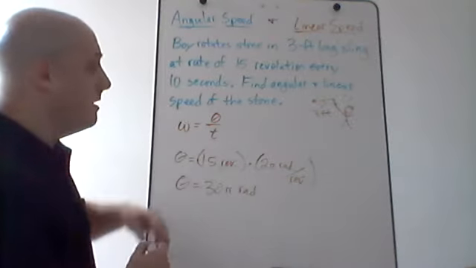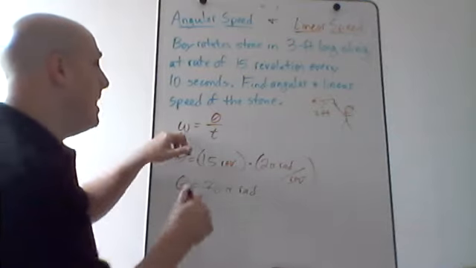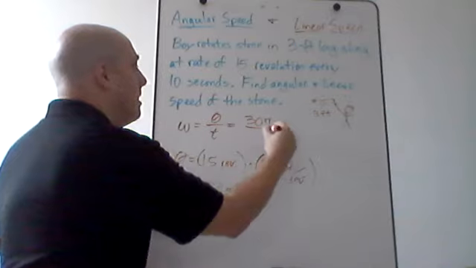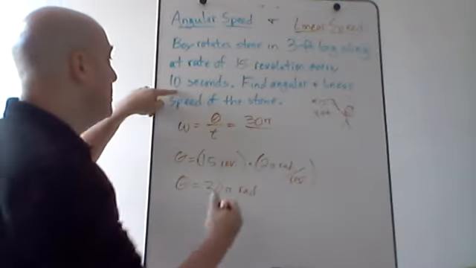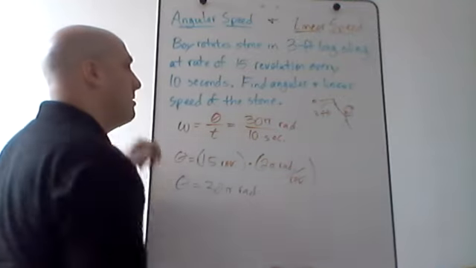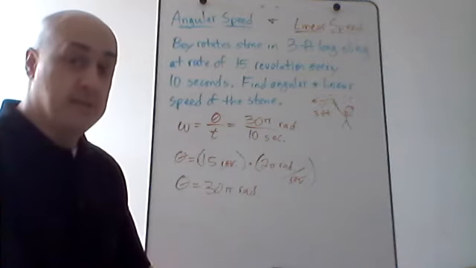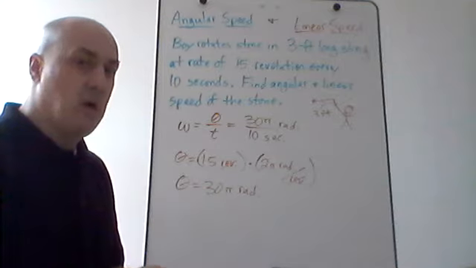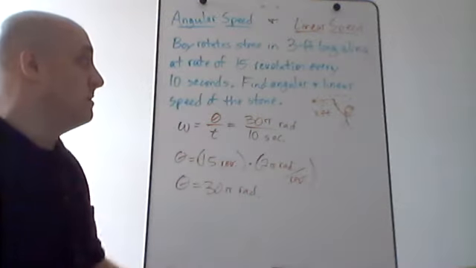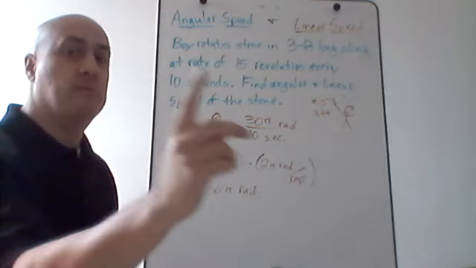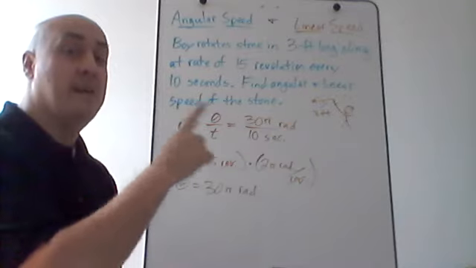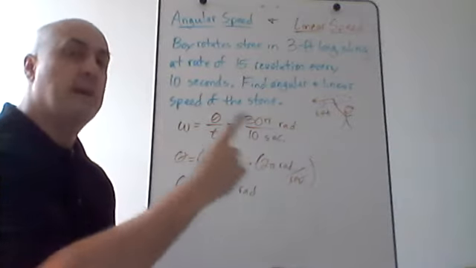So going back up, my angular speed, omega, is equal to theta, which is 30 pi radians, per time, which is 10 seconds. Let me put the units here: 30 pi radians for every 10 seconds. Let's pause and go back over how we found this. They didn't give us the angle, they just told us 15 revolutions. A revolution is a full trip around the circle, each revolution is 2 pi radians, and I'm doing that 15 times.